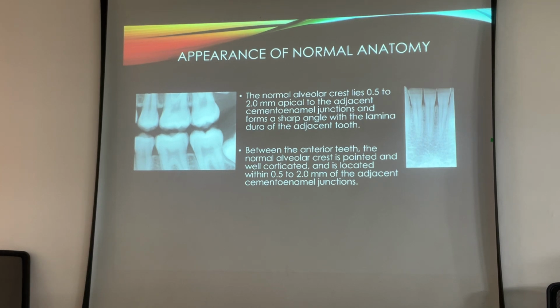So there are 2 points here. The first one is if you can see the cortical bone in the alveolar crest, we still consider it normal. And then if it's already below the 2 millimeter, but you cannot see the cortical bone in the alveolar crest, you cannot say that it's still normal. It's already periodontitis, which is mild periodontitis.